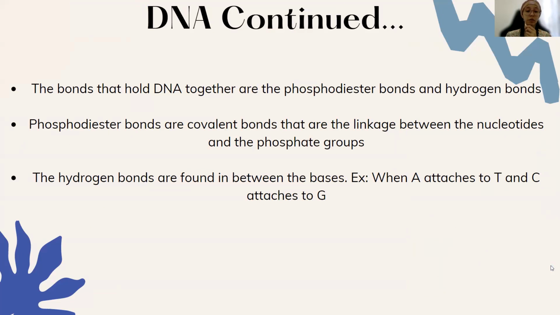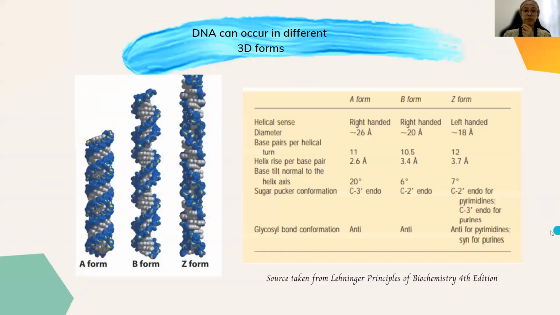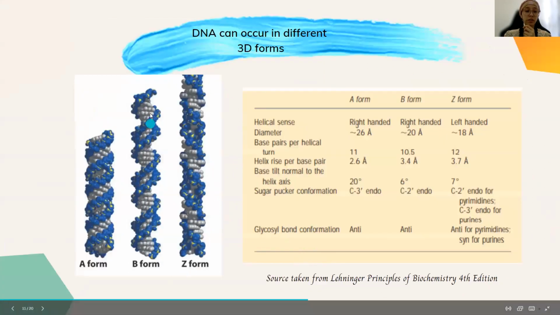The hydrogen bonds are found between the bases, when A is attached to T and C is attached to G. In this photo here, you can see the phosphodiester bonds, as well as the hydrogen bonds between each of the bases. There are 2 hydrogen bonds between T and A, and 3 hydrogen bonds between G and C. These are the different 3D forms of DNA.